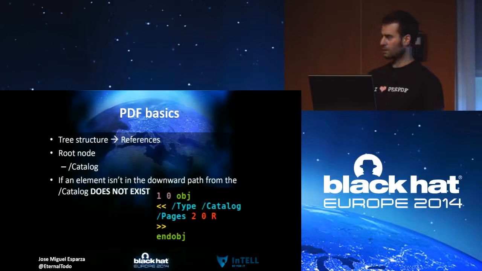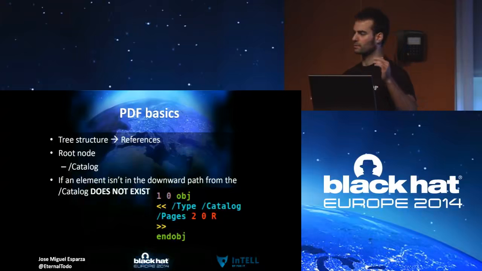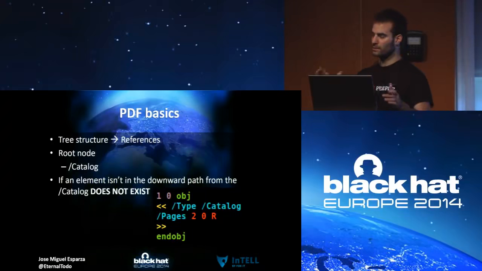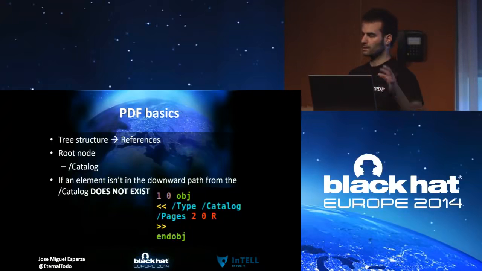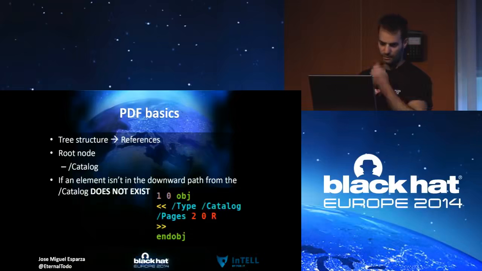If an object is not included in the downward path from the catalog, it doesn't exist for a PDF reader. So that's also suspicious. For example, if we have a PDF file and we find an object, big or small, that is isolated and not referenced from another object, that's suspicious, because normally the PDF reader wants to see all the objects and handle them. We will see an example later.